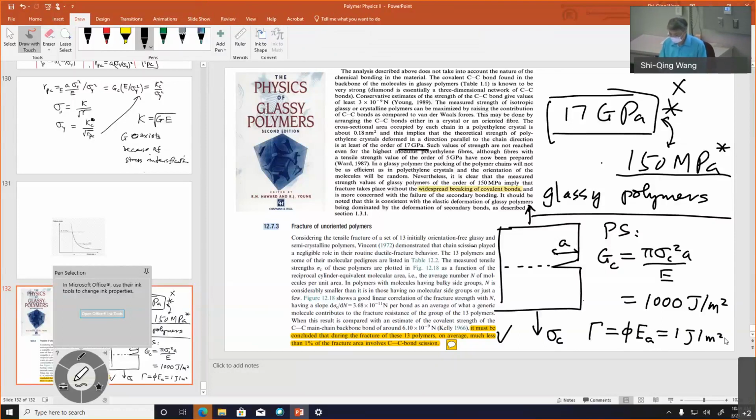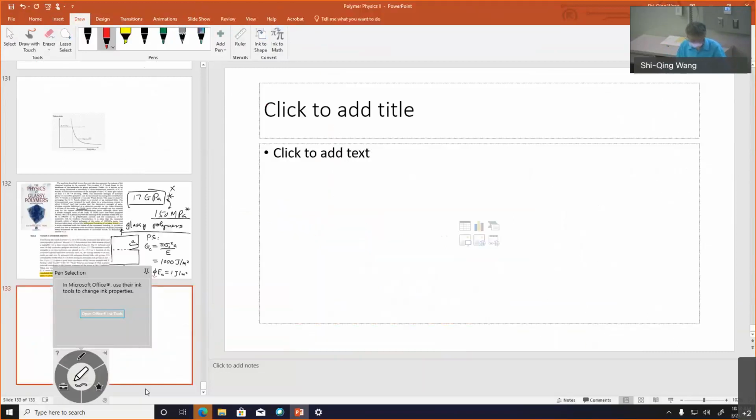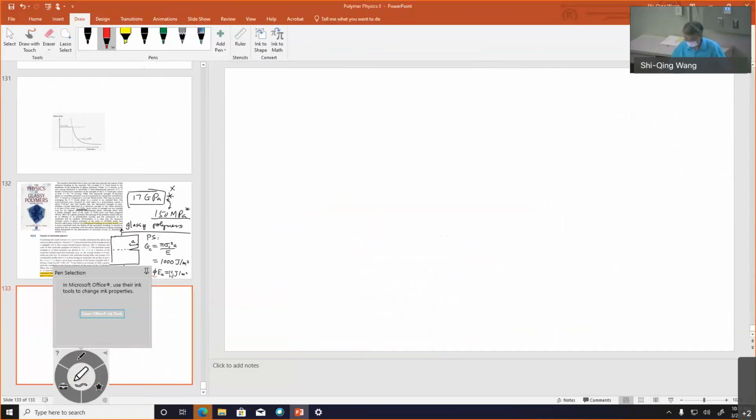And of course, this formula is based on assuming that, let me just flip the page. It's based on assuming that all the bonds are broken, consuming an energy level of all the bonds are broken.